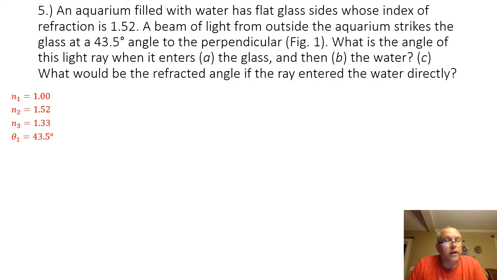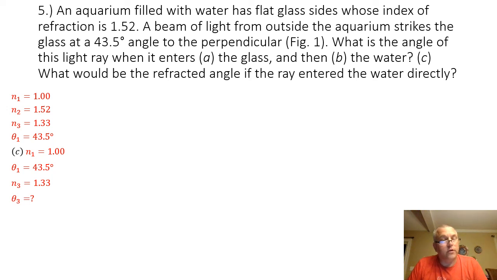So again, the index of refraction for the air is 1. My angle of incidence from the air into the water is still 43.5 degrees. My index of refraction for the water is 1.33. And I'm looking for the angle of refraction into the water, or theta 3.